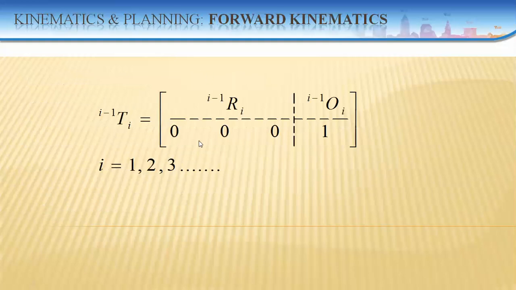The formulation: the i minus 1 link to i link translation, and here the translation involves both the prismatic joints as well as the revolute or rotary joints, leads to a rotation or revolution of the i minus 1 link to the i link, and the orientation with respect to the i minus 1 link to the i link.